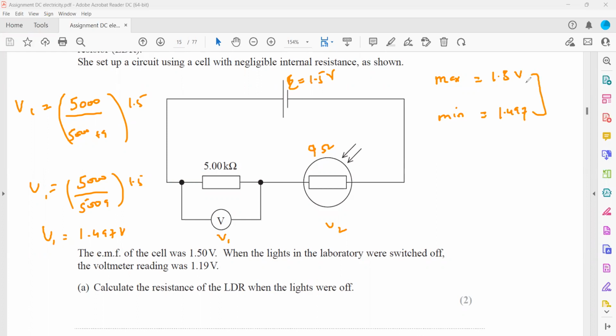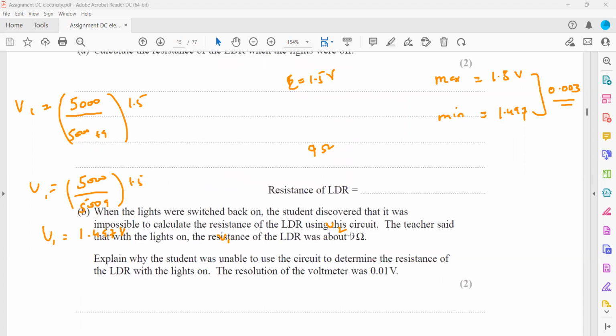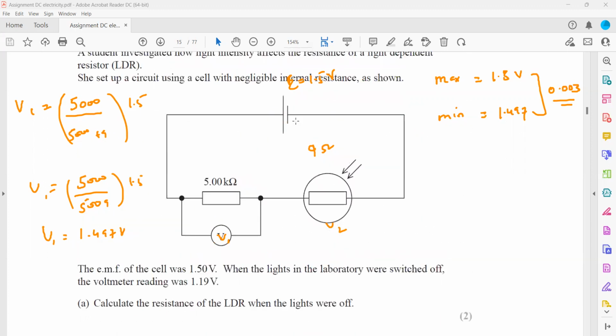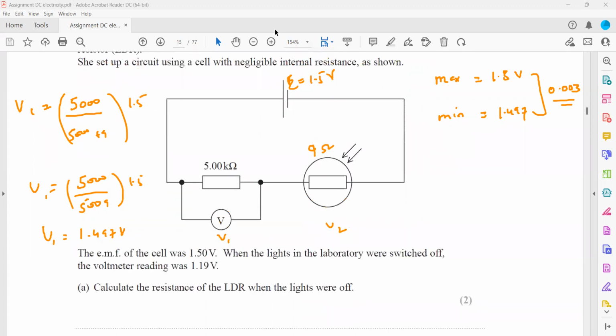The difference of the two values will be 0.003. So the maximum change in the voltage can be 0.003. But as I mentioned in the question, the voltmeter is only accurate to 0.01. So can this voltmeter record this small change?